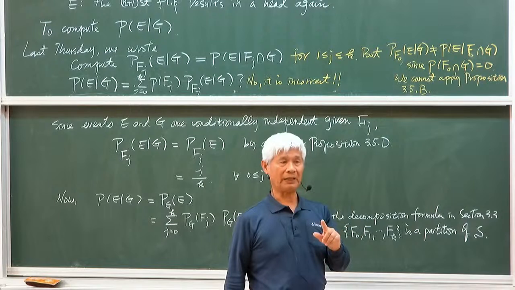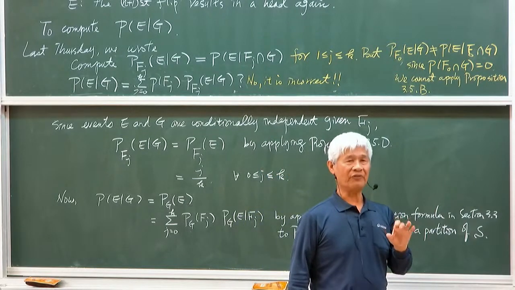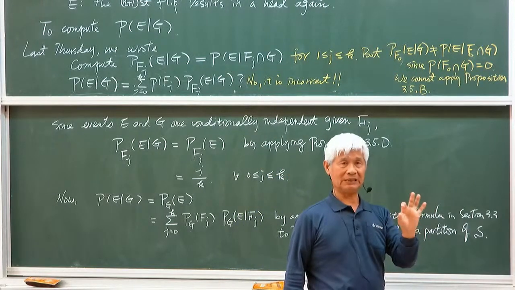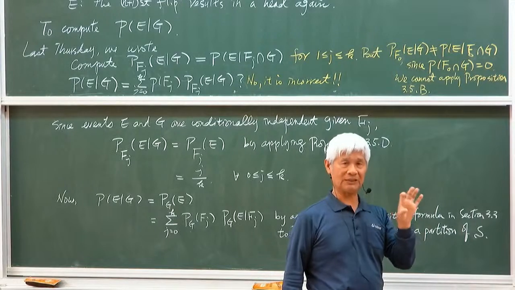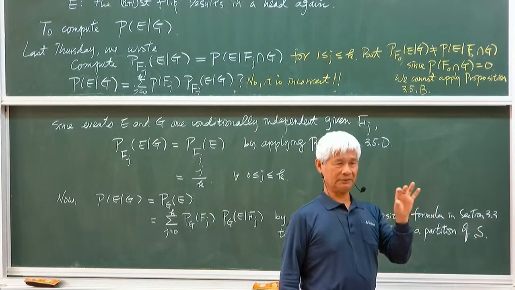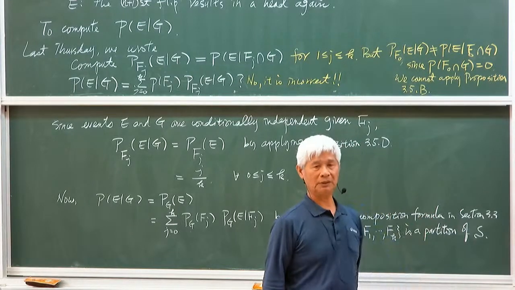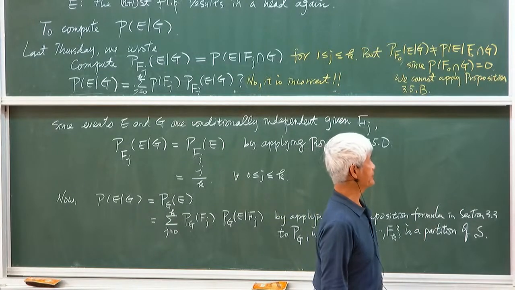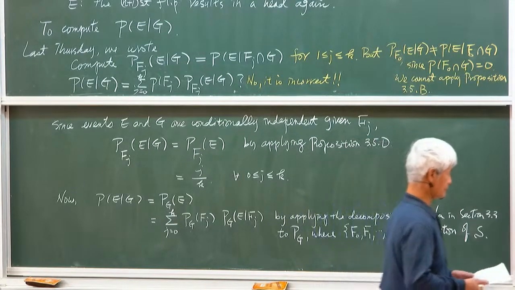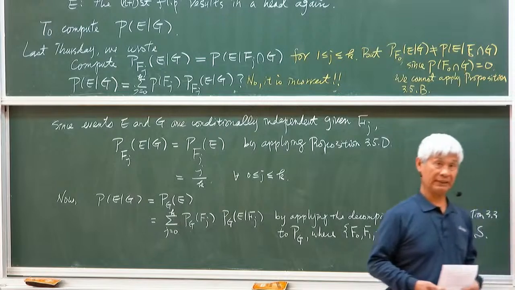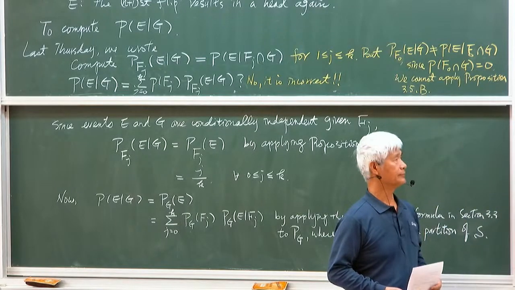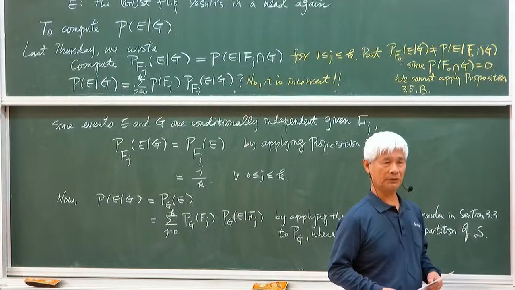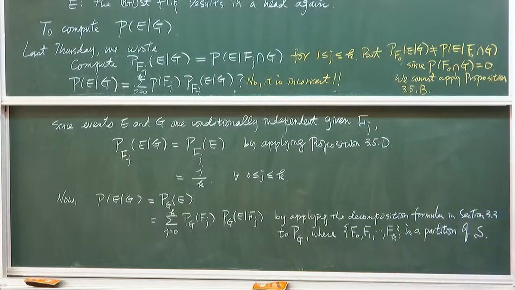Similarly, when you want to apply proposition 3.5.c, then there is a sufficient condition you have to check. Otherwise, you will be in danger of solving the problem incorrectly. Okay.